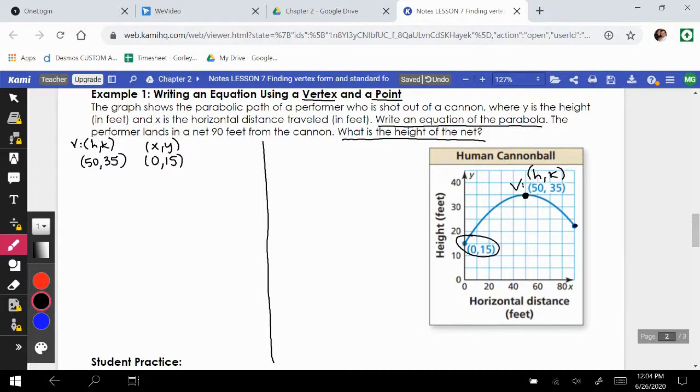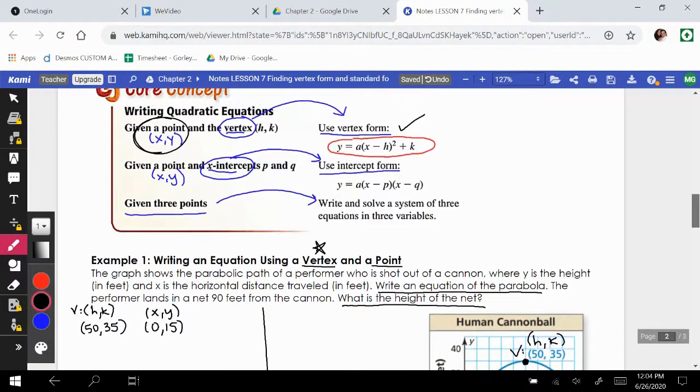I could use this point, but I wouldn't recommend it just because you're going to be approximating. See how you really don't know what that y value is? It's better to use a point that's given to you than to approximate the point. All right. I'm also going to write in my vertex form just so I know where to plug in each one of those variables.